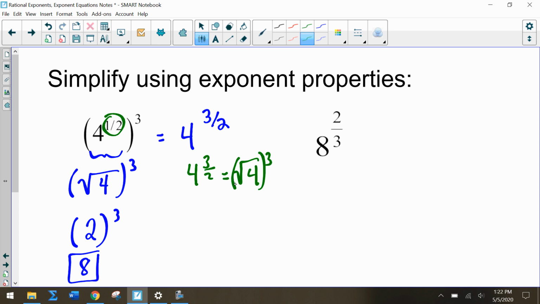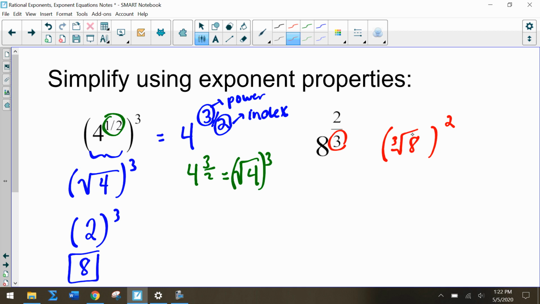Okay. So the way that I like to remember this, the power is always in the numerator, and then the index is always in the denominator of that fractional exponent. Okay. So if we're looking at this next example, we have 2 is in the numerator, so that's the whole power after we take the cubed root of 8.